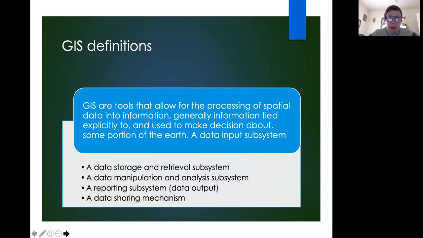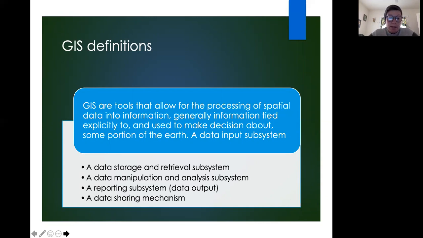And so a GIS system might include much more than just the software that we're using, right? It might include the data storage and retrieval subsystems and data capture, such as the GPS handheld units that y'all were using.